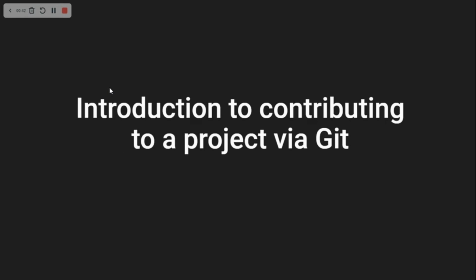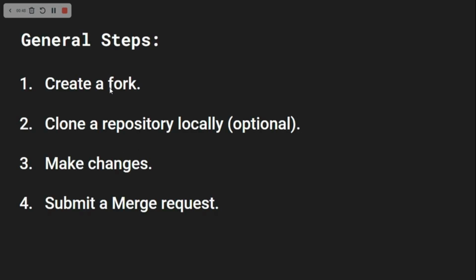In general terms, this lesson is an introduction to contributing to a project via Git. The general steps are: first, create a fork; second, clone a repository locally. This is an optional step, but optional just for the making of your assignment in this lesson, because you can accomplish your assignment without cloning a repository on your machine.